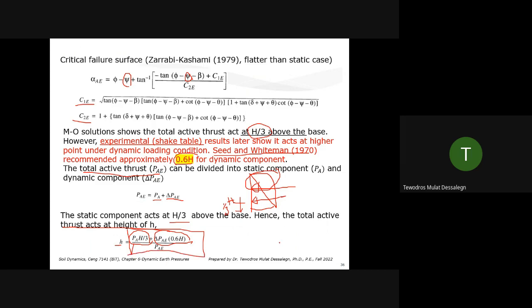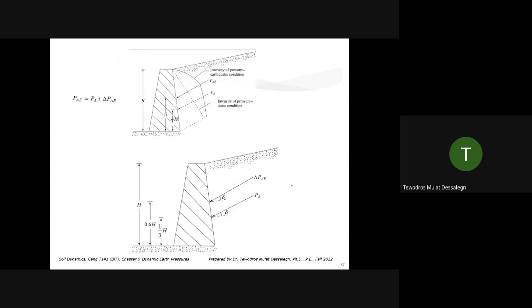Is that clear? It will get clear in the next few slides. So this is how it is. For a slope, for retaining soil with some slope, let's say you have this PA, which is the static one, which is 1/3 H. And PA is the total thrust.